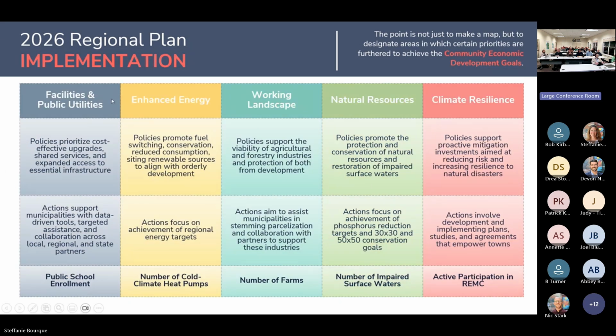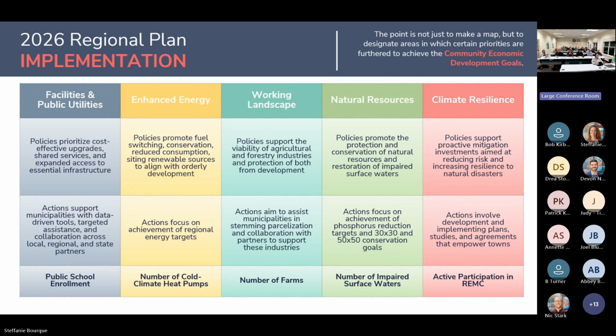So in terms of facilities and public utilities, our policies prioritize cost-effective upgrades, shared services, and expanded access to essential infrastructure. Our actions support municipalities with data-driven tools, targeted assistance, and collaboration across local, regional, and state partners. And our annual indicator is public school enrollment.